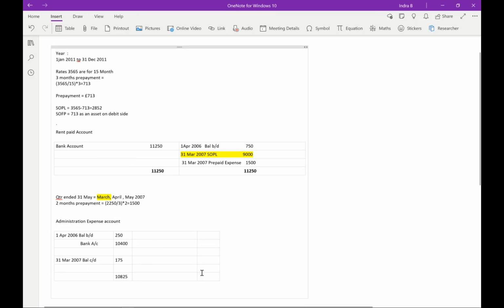Then close account 31st of March 2007. And we will show there that we can put on any line the statement of P&L account will be the same figure. 10,825 is the answer.